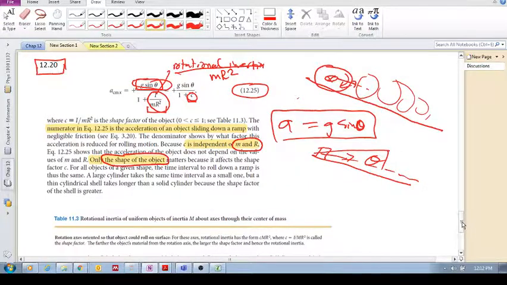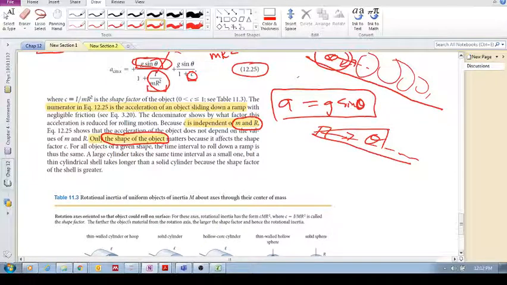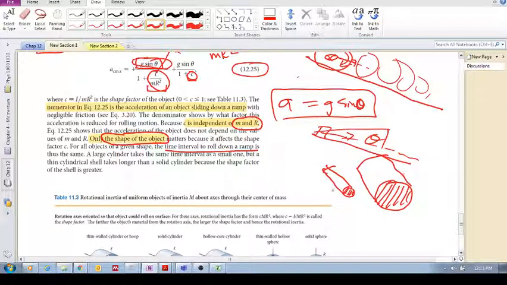So, it says here, for all objects of a given shape, the time interval to roll down a ramp is thus the same. So, if you've got a small solid cylinder or a large solid cylinder, remember C is independent of the inertia and it's independent of the radius. The only thing that's important is the shape. These two have the same shape.